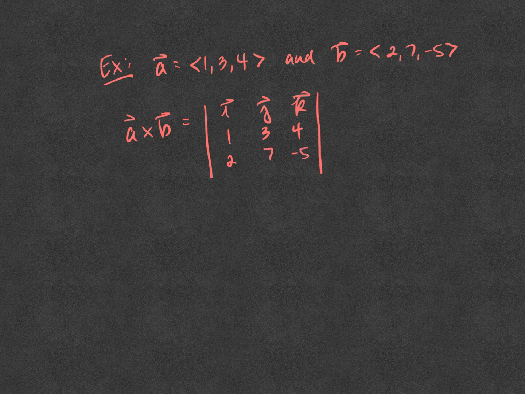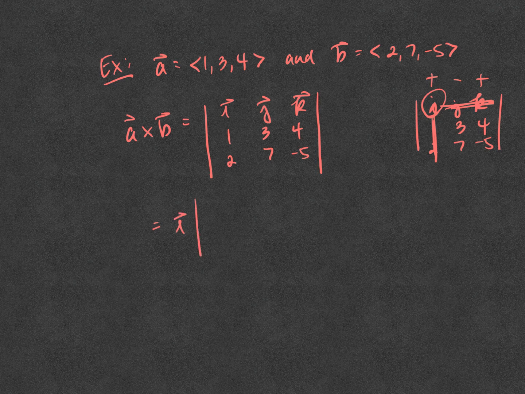So I'm going to write it over here to remind you, because this program is weird. When I erase, it erases it from everywhere. So when I circle an element, I also cross off the row and the column. This one is the column up and down, and this one is the row. And it always goes plus when you pick up the I, minus when you pick up the J, and plus when you pick up the K. So we're going to say plus I, understood plus.